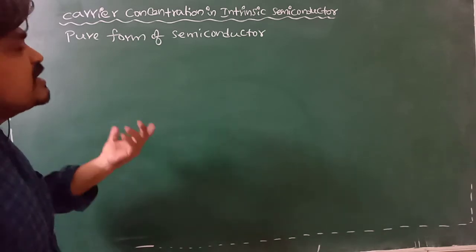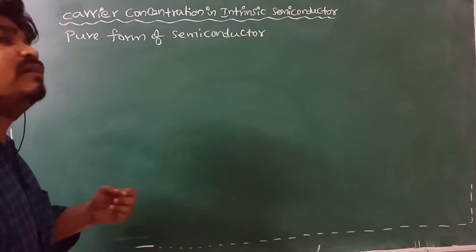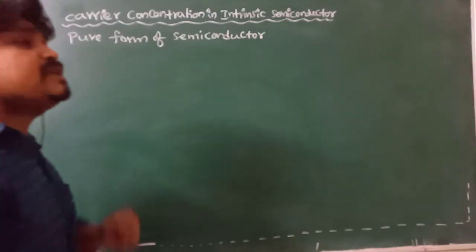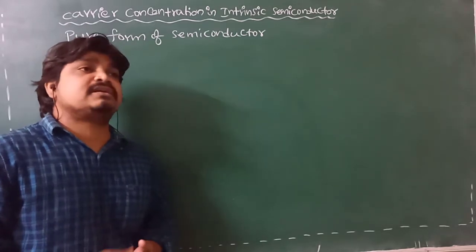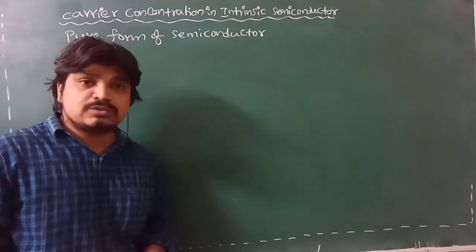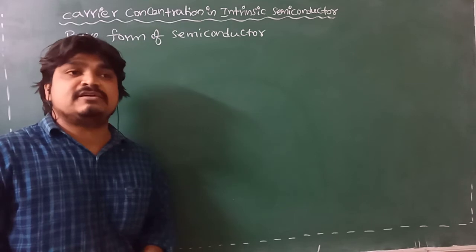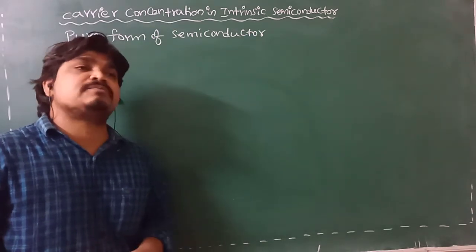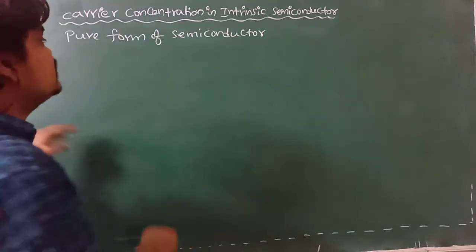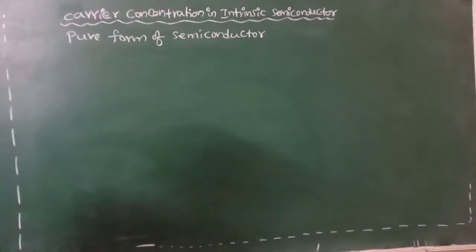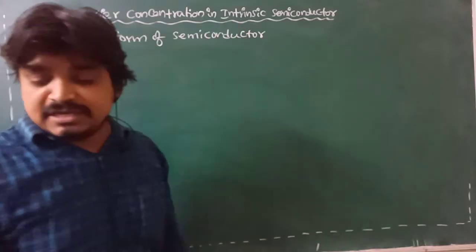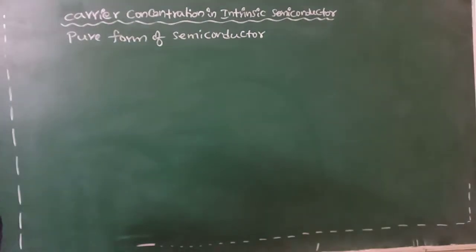In other words, we define an intrinsic semiconductor as one in which charge carriers, that is electrons and holes, are generated by approaching large temperatures. Those semiconductors are also referred to as pure form of semiconductor or intrinsic semiconductor.